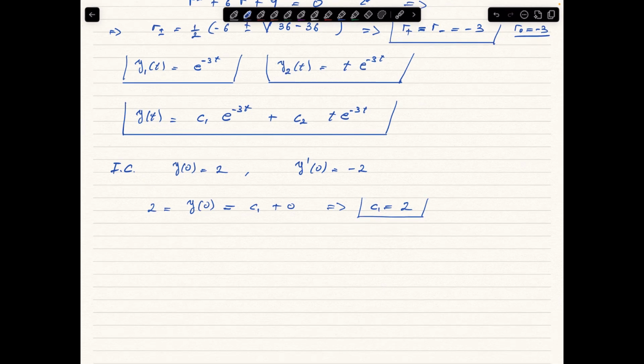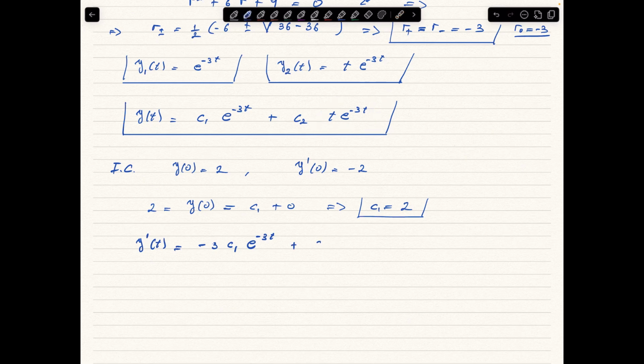Okay, now for the second condition, we need a derivative. So let's compute the derivative. We can compute the derivative replacing c1 or not. It doesn't matter. Let's do it without replacing the value. So we have to differentiate the exponential, so it's -3 c1 exponential e^(-3t). And here we have a product rule, because we have a product of two functions.